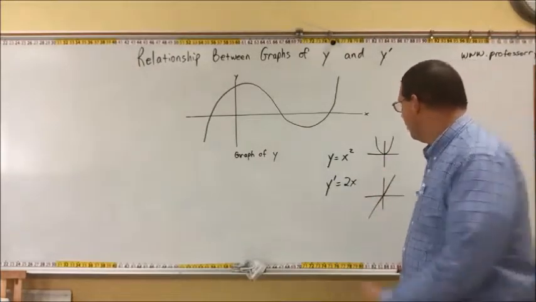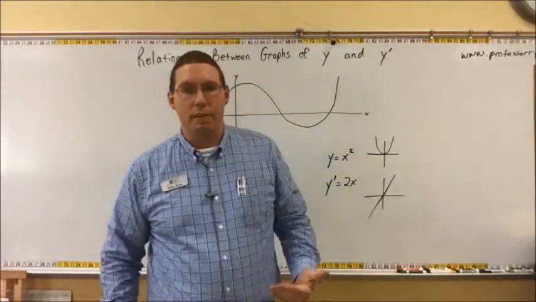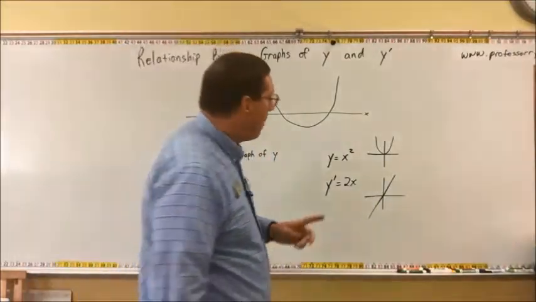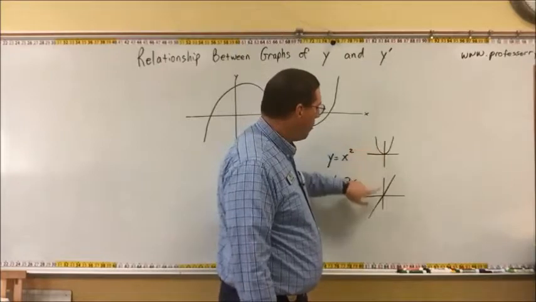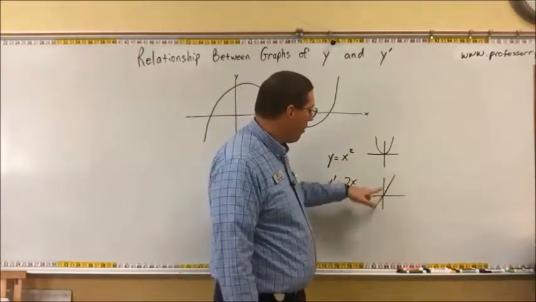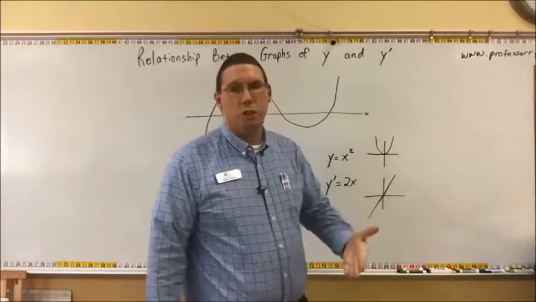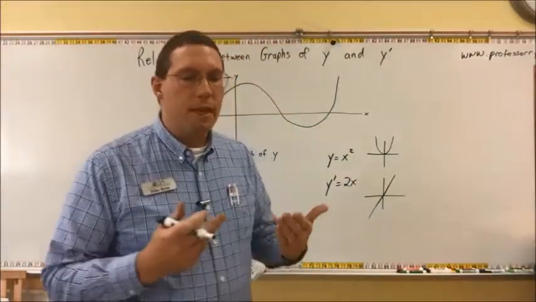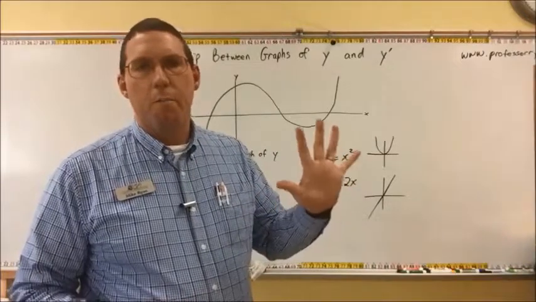Here's what I'm telling you: these two graphs are related to each other. There are qualities about this graph that tell you what this graph should look like, and there are qualities about this graph that tell you what this graph should look like. In this lesson, I'm going to give you basically 5 different principles.